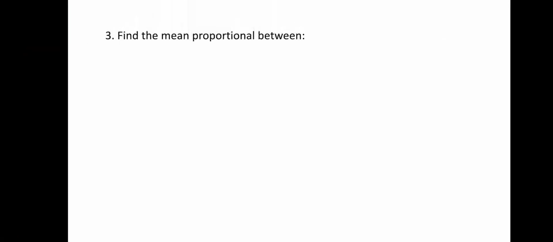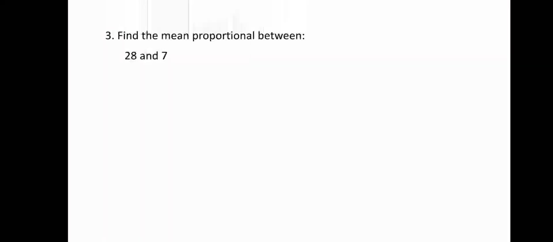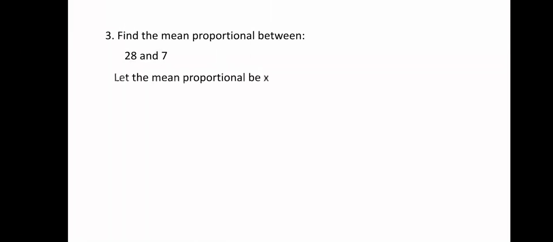Next is question number 3, where we have to find the mean proportional between 28 and 7. If 28 and 7 are the given extremes, then we have to find the mean proportional. Let the mean proportional be x.